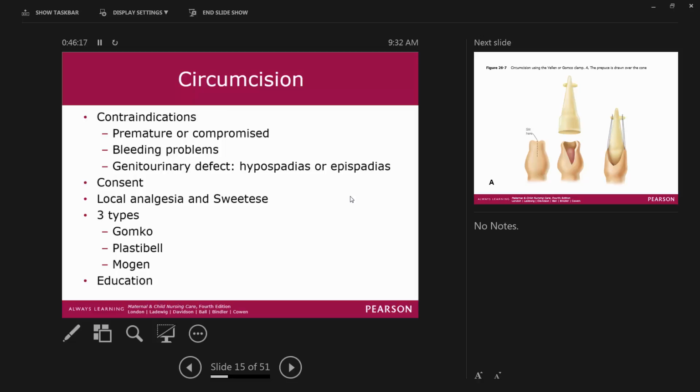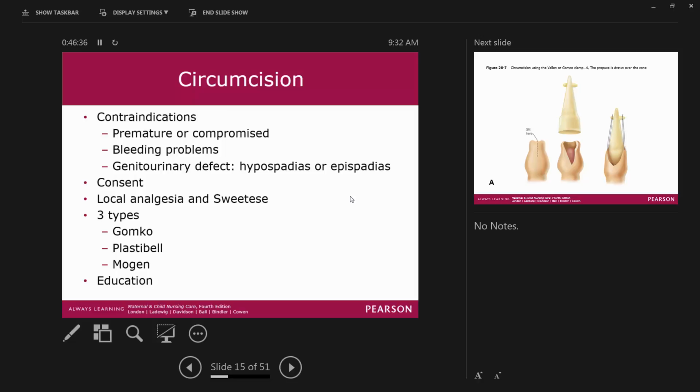And then what most pediatricians do is they inject lidocaine, okay, into the base of the mons, right below, right before the penis. Okay, they'll inject on the top surface. Okay, they can't inject on the bottom surface.